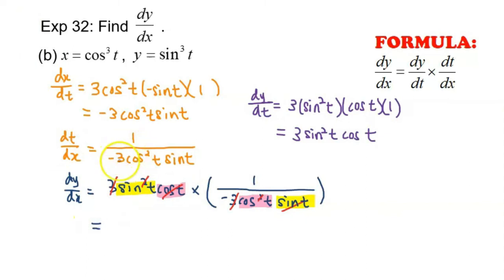Finally, the answer will be sin t times 1, which equals sin t over negative cos t. Sin over cos equals negative tan t.